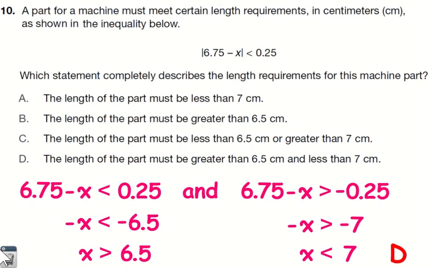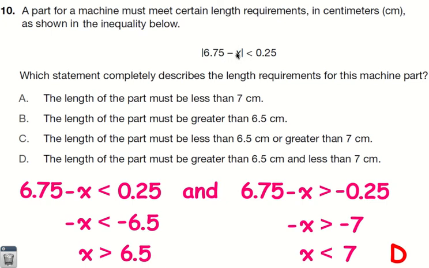Now, a little bit of elaboration, I guess, on number 10. I mean, number 10 is done, but let me expand a little bit. When you see absolute value statements like this, by the way, x just means the length of the part.